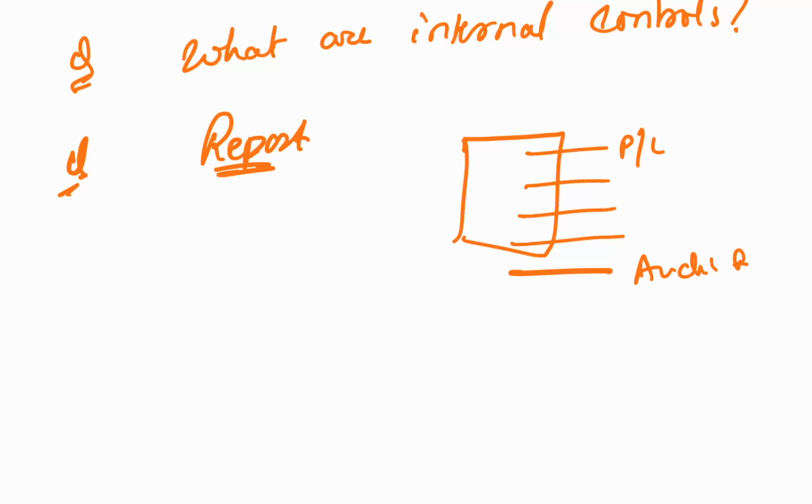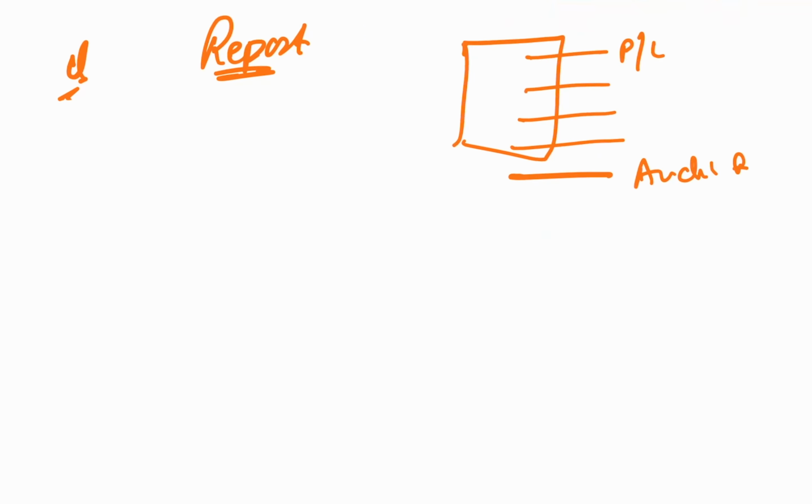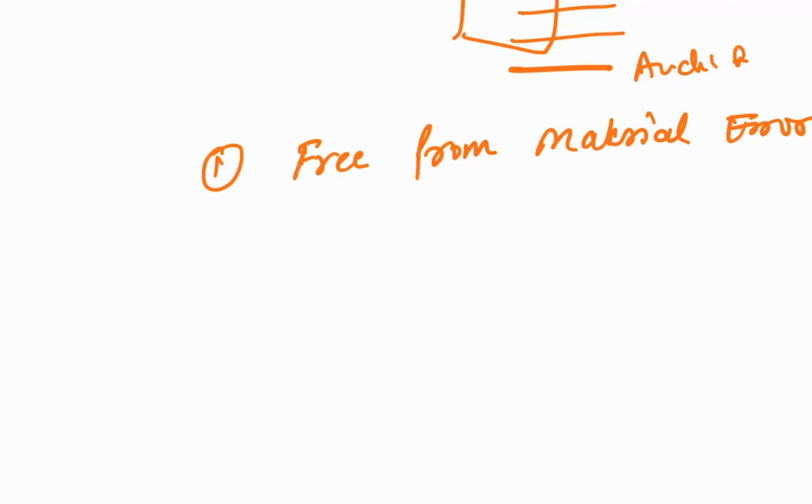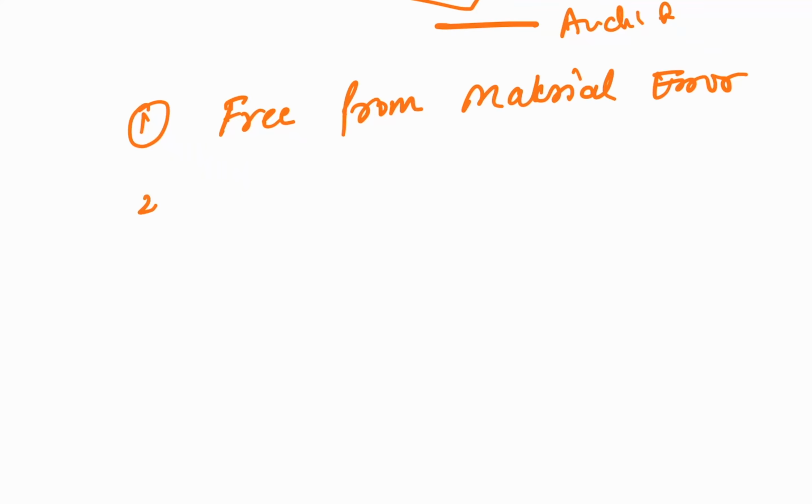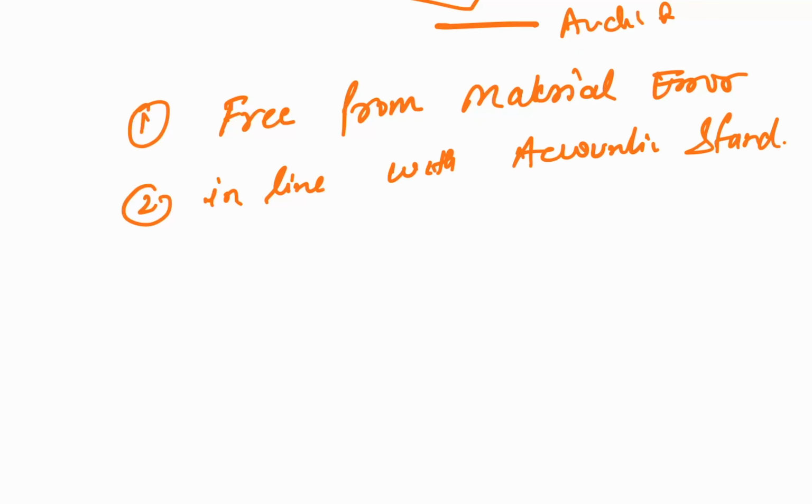The auditor's report is included in your annual report, and it tells us whether the financial statements are, first, free from material error. That means there are no such specific errors. Clear? Second, in line with accounting standards, meaning they are following the accounting standards.